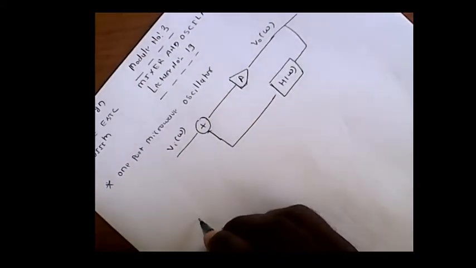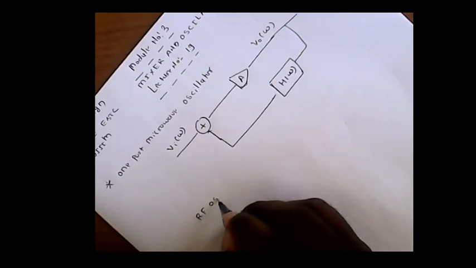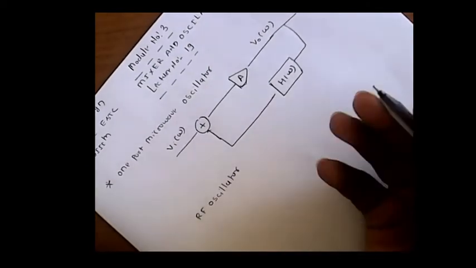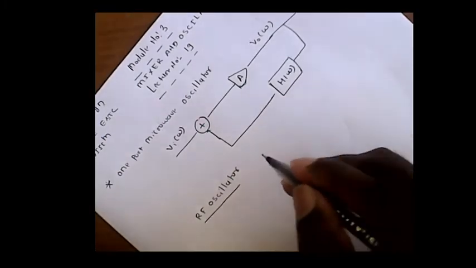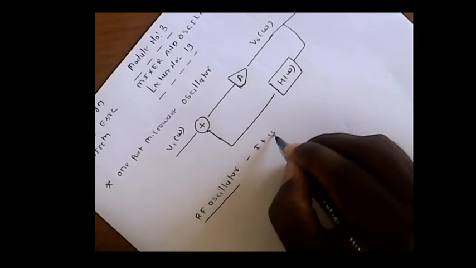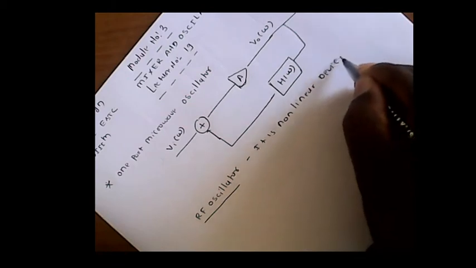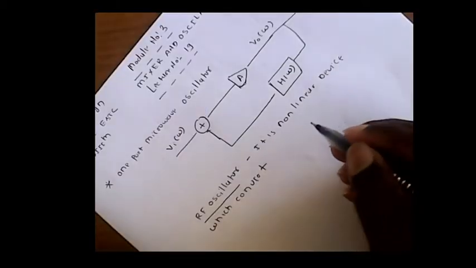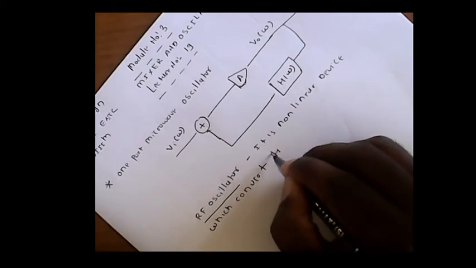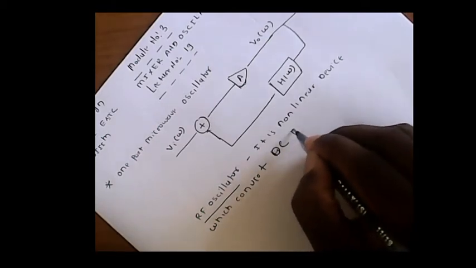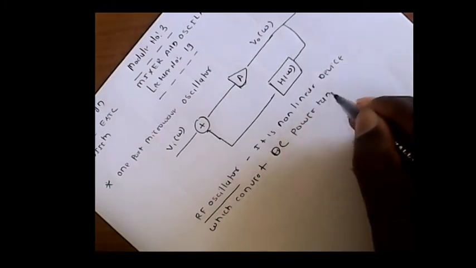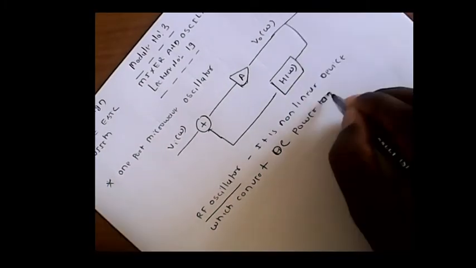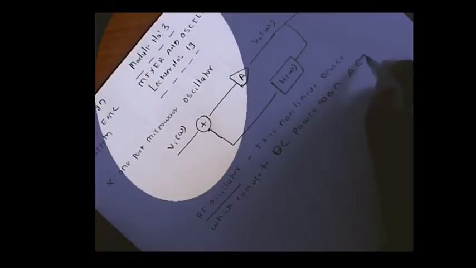So how can we define an RF oscillator, or simply, what is an oscillator? An oscillator is a non-linear device which converts DC power to an AC waveform.